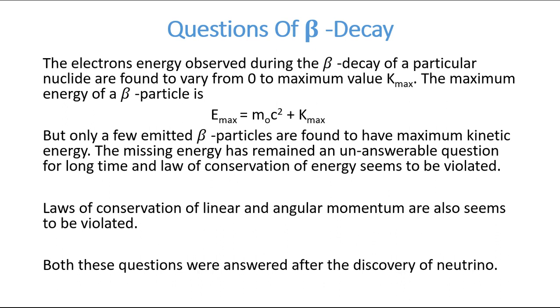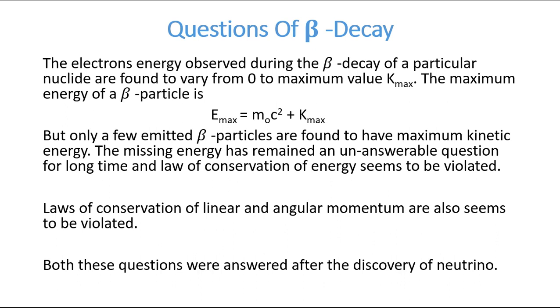But as the daughter nucleus is heavy, 98% or 99% of the energy is shared by the electron and neutrino. The question was solved after the discovery of the neutrino.